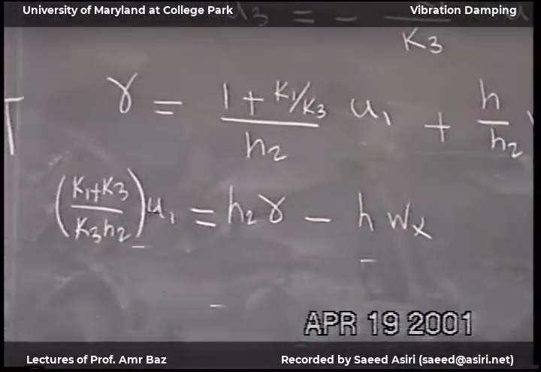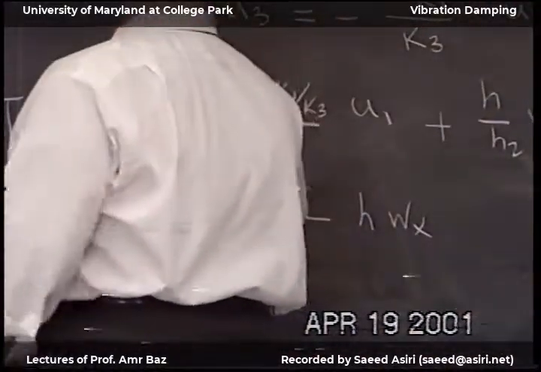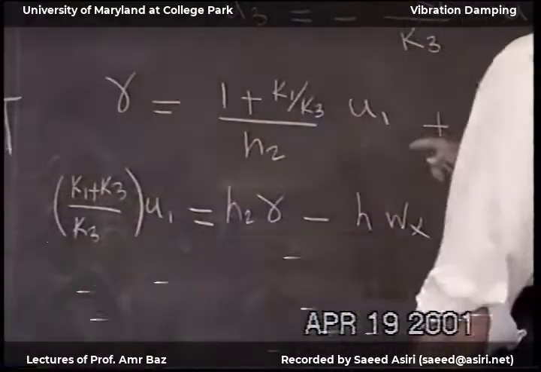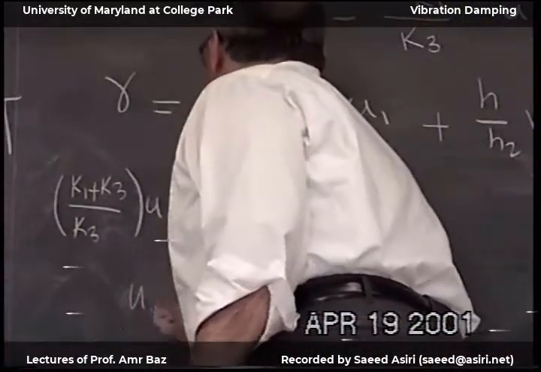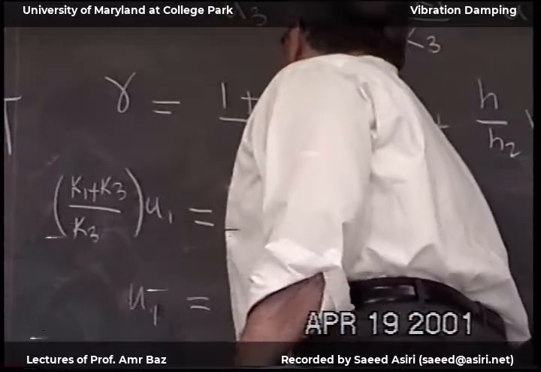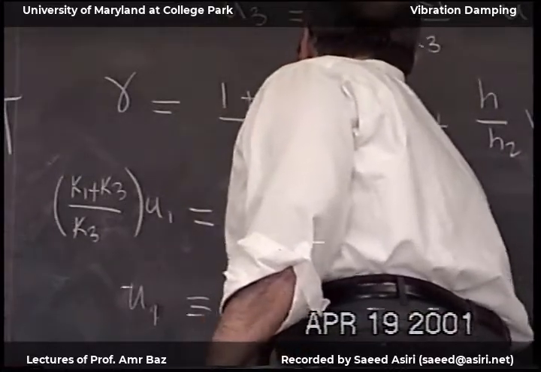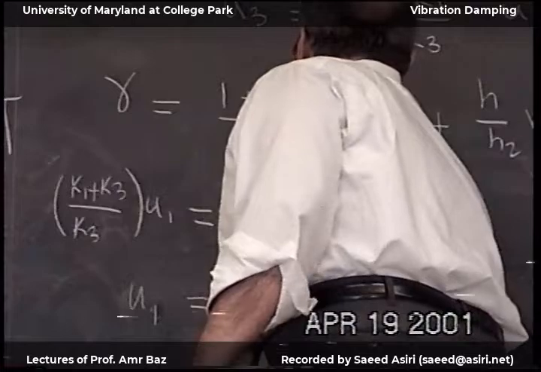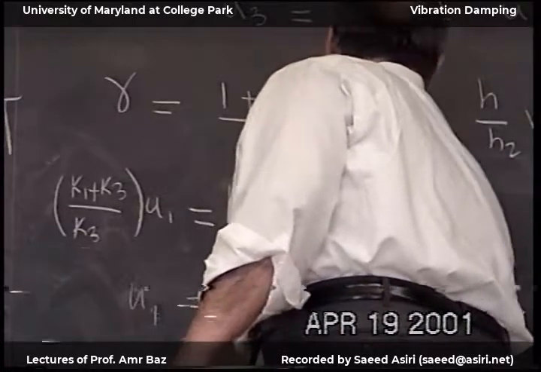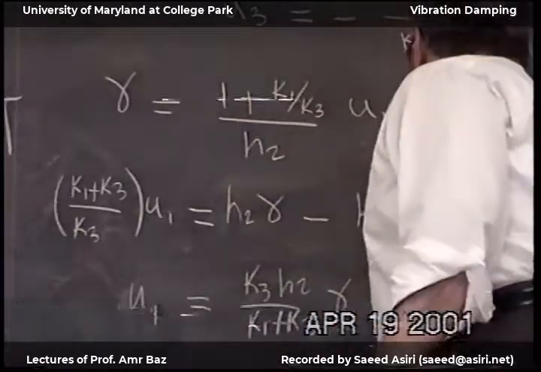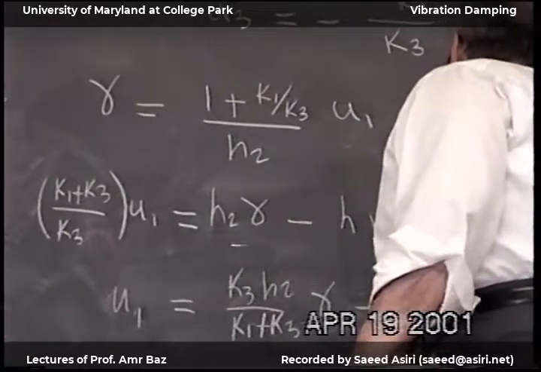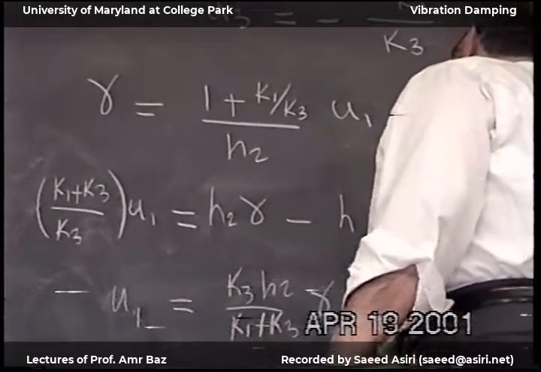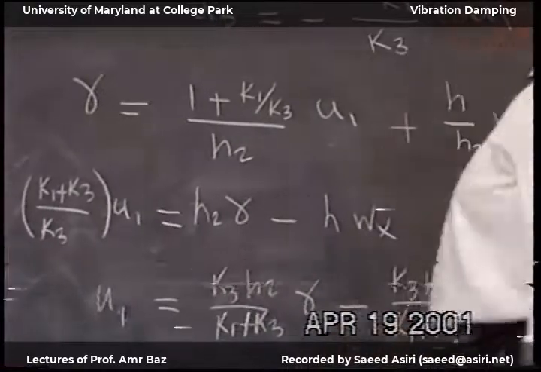The denominator, yes sir. The denominator. Okay. So now we'll have here U1 will equal to K3 H2 over K1 plus K3 and gamma minus, same story, Wx.